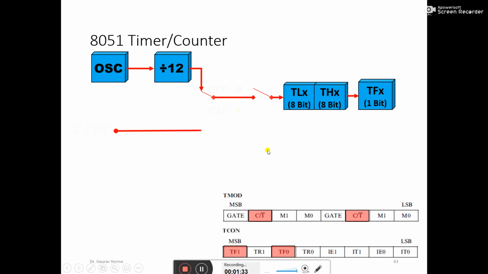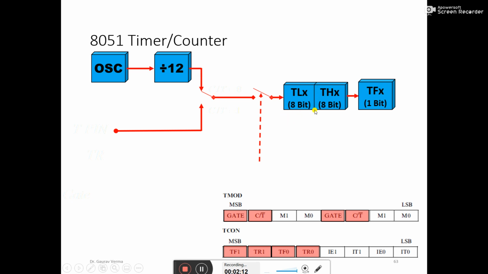Here you can see a diagram where the oscillator is internally divided by 12. After that, the oscillator is connected to TLX and THX, and the gate signals are also there. When the timer or counter signal is selected, C/T is high for counter; by default it is 0 and it is connected to internal clock pulses.